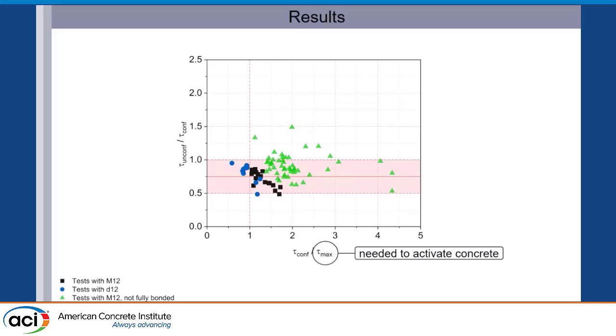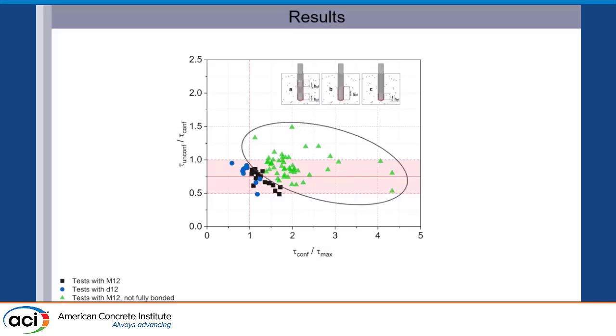We have the black squares, these are the tests with fully bonded M12 anchors. We have the blue dots, these are the tests with D12 reinforcing bars, and everything which is green is the tests with the partially bonded anchors. To evaluate our alpha setup, only the tests with fully bonded anchors are considered.